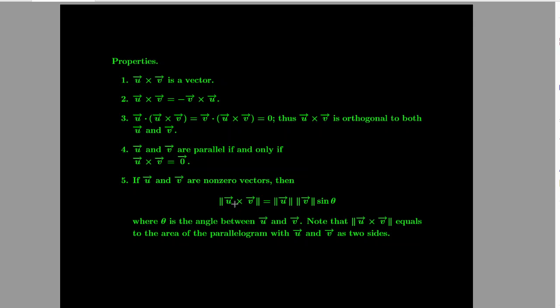Now look at the length. The length of the cross product is defined that way. Actually, it's a property. It's not defined. The length of the cross product of u and v is computed that way: the length of u, the length of v, times the sine of the angle.